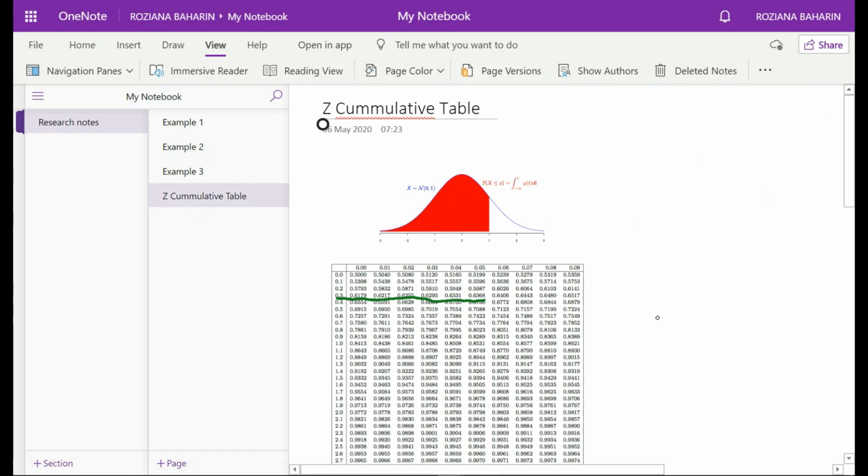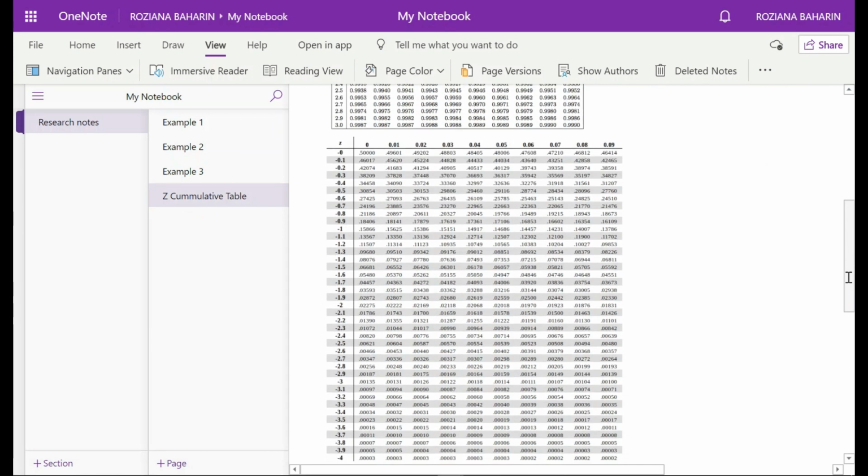The other value that you need to find is negative 0.35. Looking at the negative table, it is 0.36317.